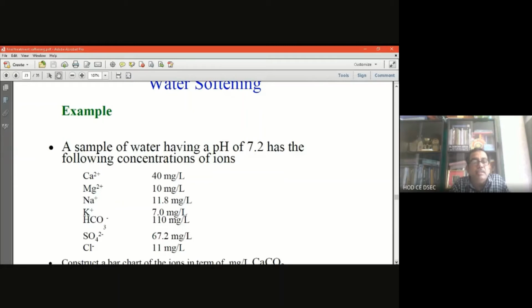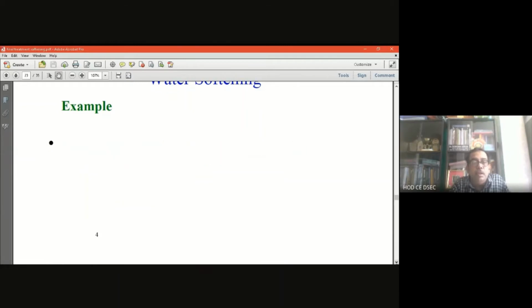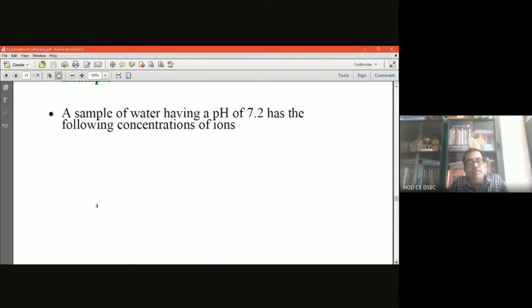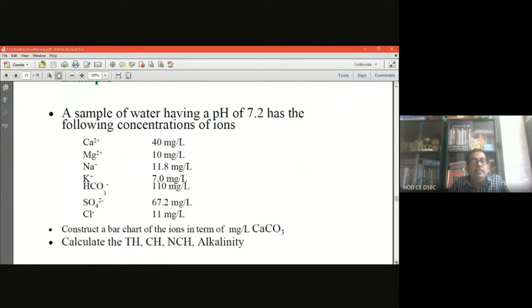Sodium ion is also given, you can see from these lecture notes. Potassium equal to 7 milligram per liter. These are the cations: calcium, magnesium, sodium, potassium. Now the anions are bicarbonate, sulfate, chloride. So some cations and some anions are there, with their ionic concentrations.